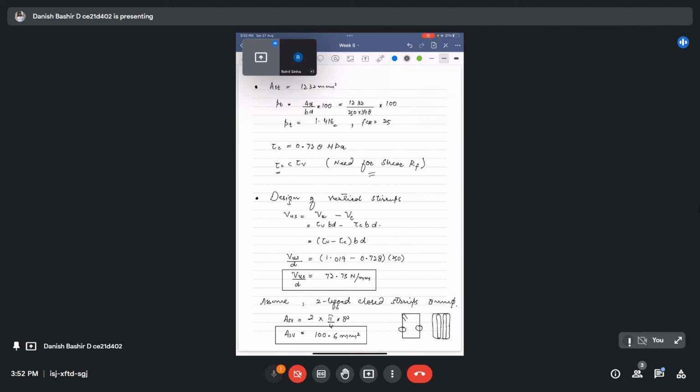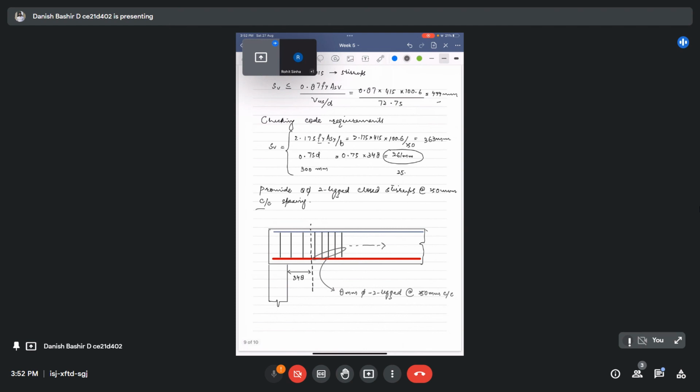When you perform the checks based on one formula like this spacing, when you assume the area of the shear stirrups, and checking the code requirements as well. Among all the three, you will provide the minimum one, and that will be also the multiple of 25. And then you will show the detailing at the critical section like this. This is all for this design of shear stirrups for beam.